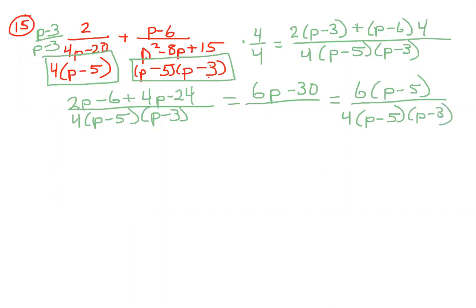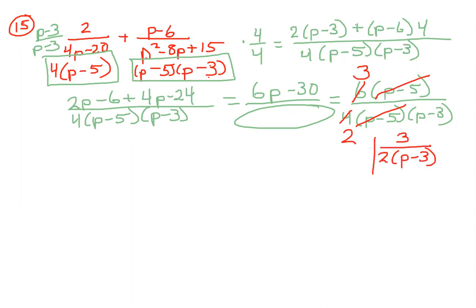And this denominator should be right here also. I just didn't take the time to write it again. What can we cancel? p minus 5, p minus 5. 2 goes into 4 twice. 2 goes into 6 3 times. And we're left with 3 on the top and 2 times (p minus 3) in the denominator. And that's our answer.